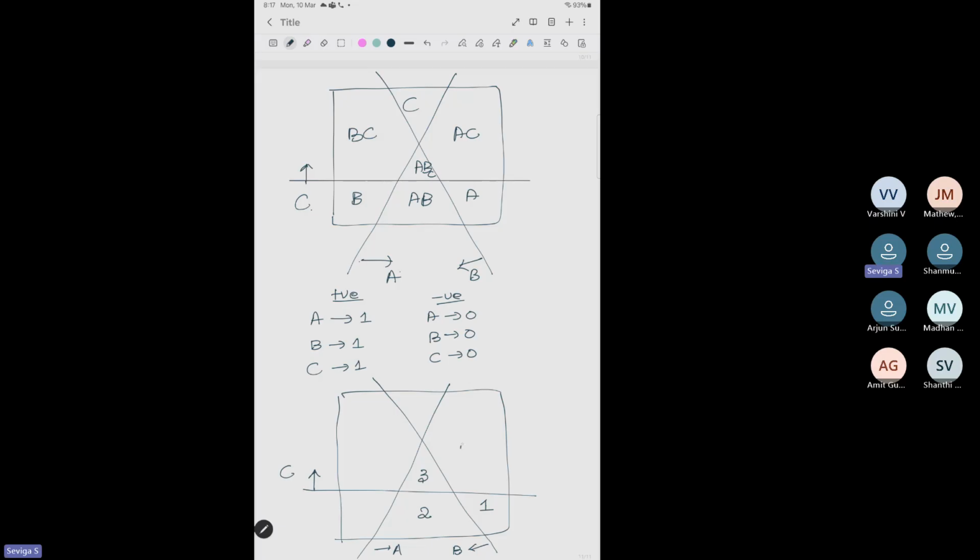Here A and C are positive, B is negative, so it will have the value of 2. Here B and C are positive, A is negative, so it will take the value of 2. Here C will take the value of 1 and here B will take the value of 1. So we have written the weighted regions, and each region is getting some value.